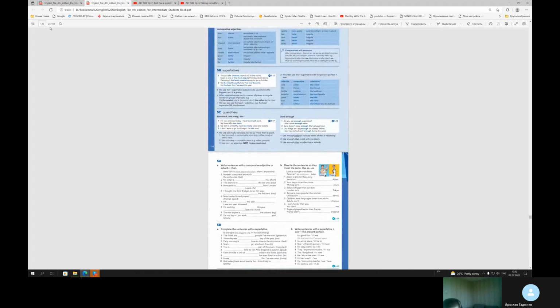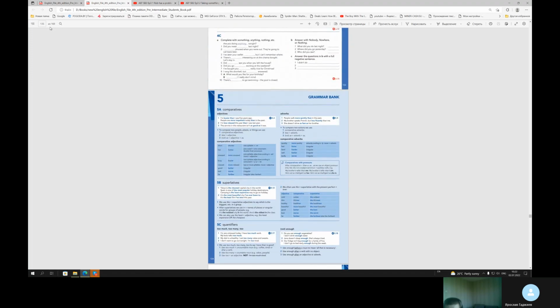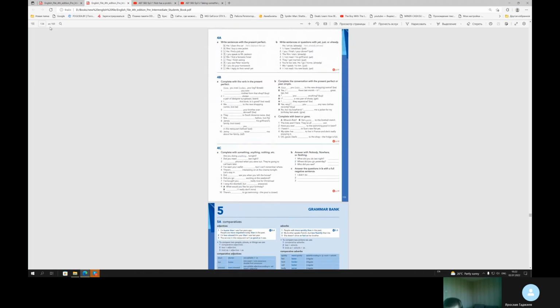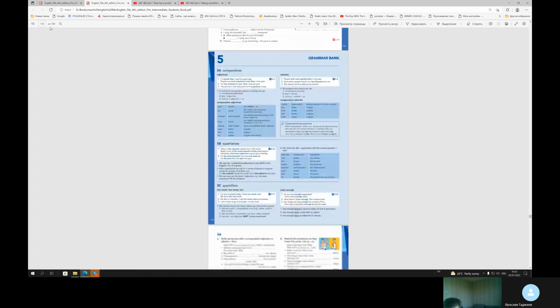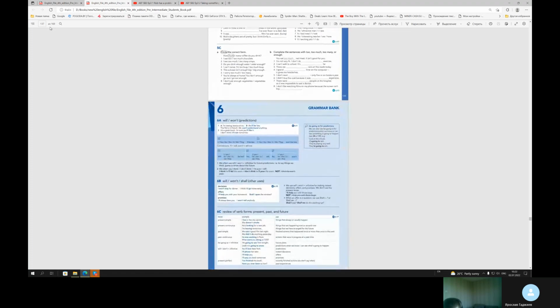Where is this exercise? Okay, it's "What I eat." I found it, 5C. Circle the correct form. Read please the example and read the other sentences, choosing much, enough, or too. How much coffee do you drink?